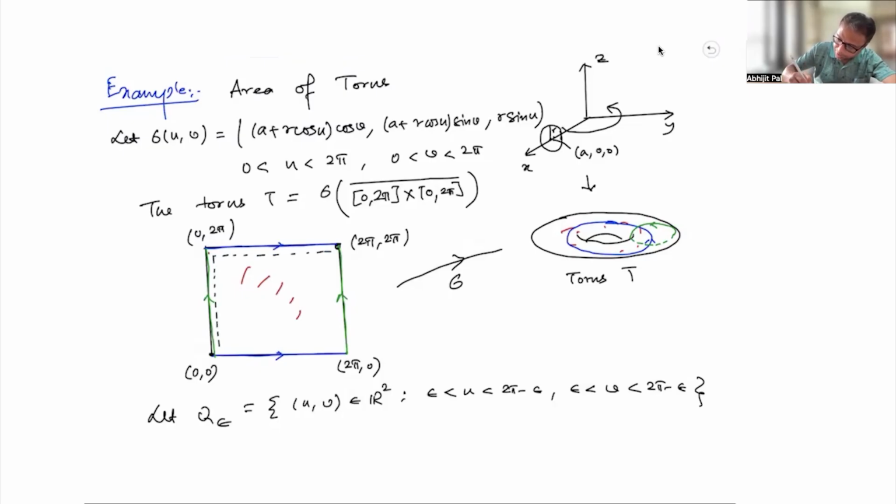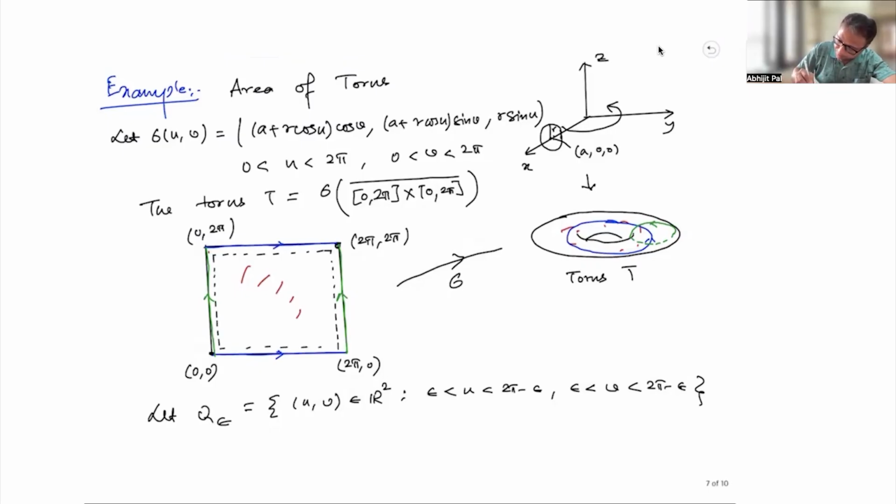This region is Q epsilon, and let us take it to be closed, so it includes this boundary also.